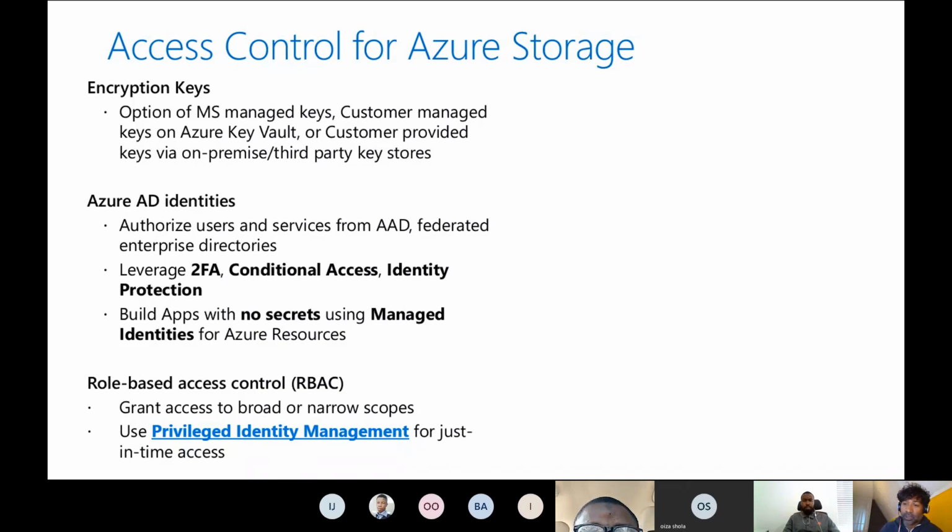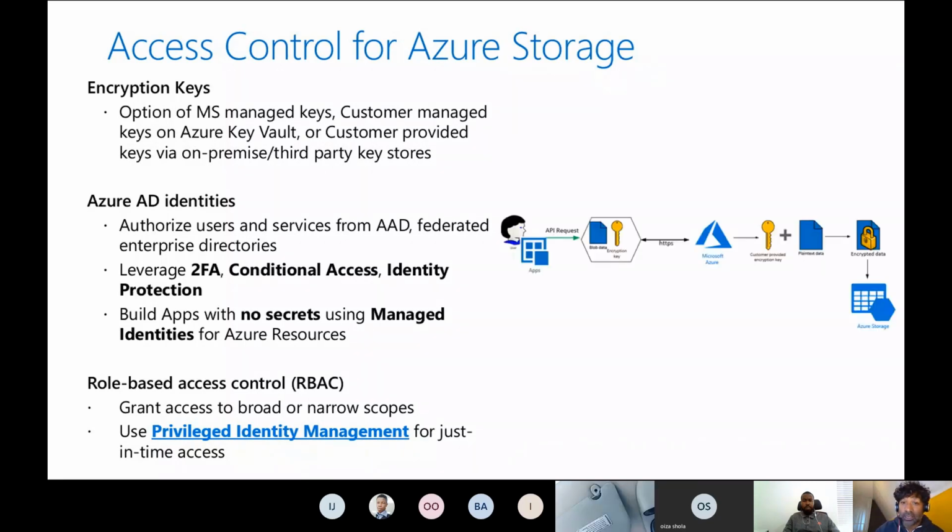So if one of your IT guys needs to have access, they can request access through PIM and get access to those storage accounts, and everything is monitored and controlled and connected in a nice way.